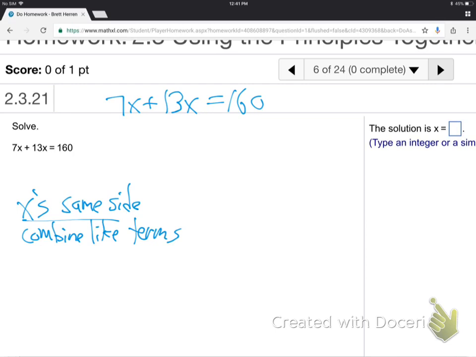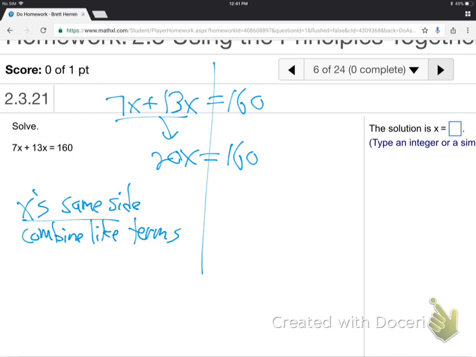So we just add them up. 7x and 13x is 20x. We good there so far? And it doesn't become x squared, does it? When did they become x squared? If that was times, right? It's not 7x times 13x, is it? It's just added. So you just add the numbers in the front and keep a regular x.